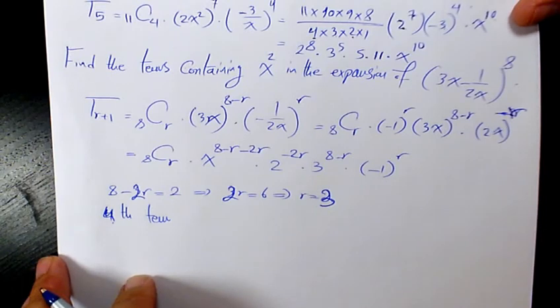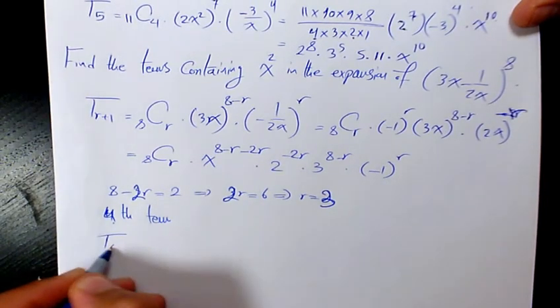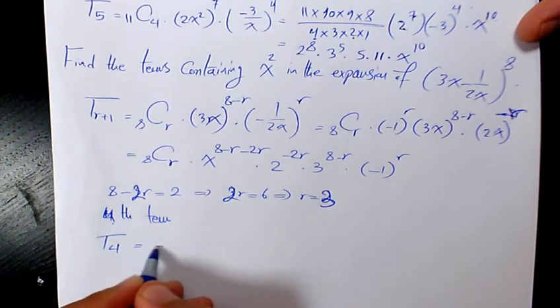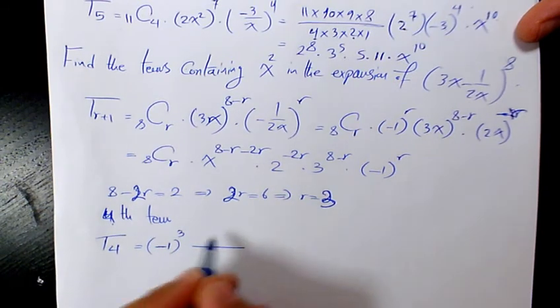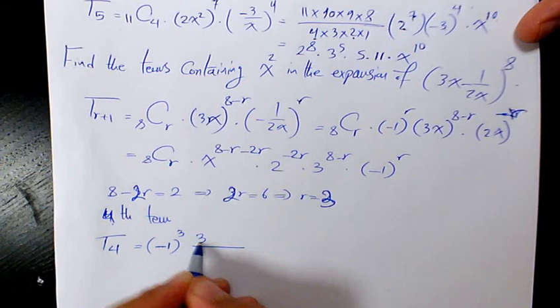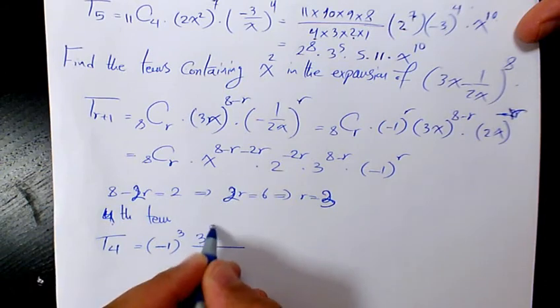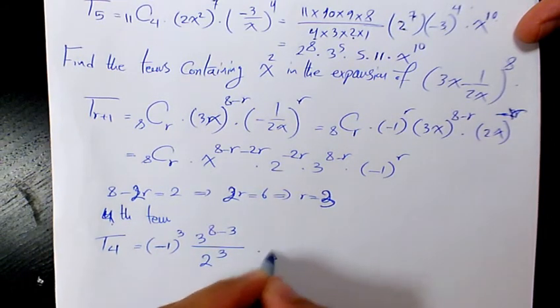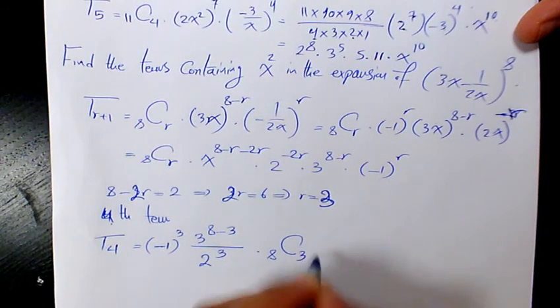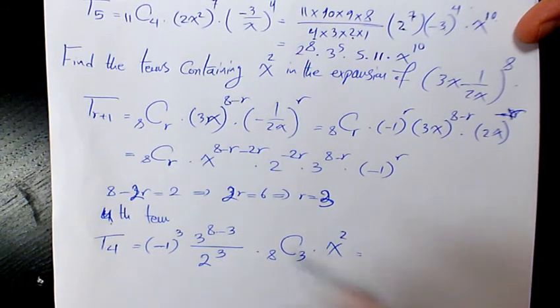T4 equals negative 1 to the power of 3, 3 to the power of 8 minus 3, divided by 2 to the power of 3, 8C3 x squared.